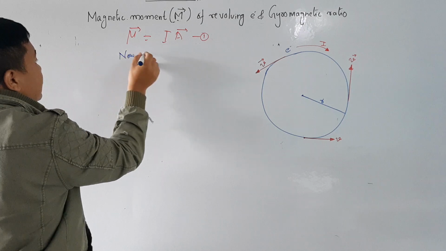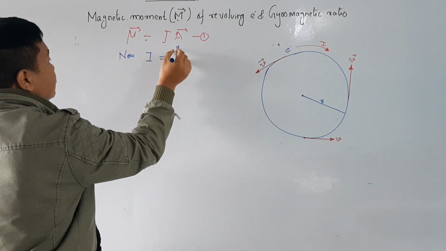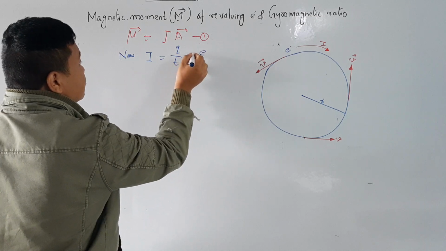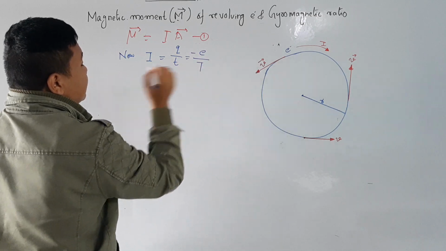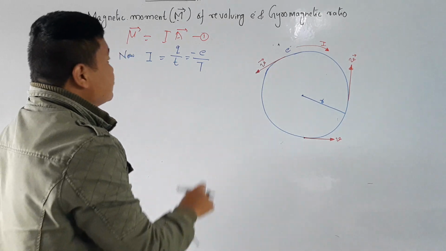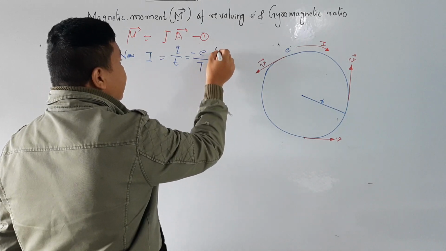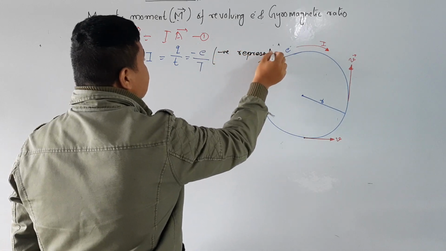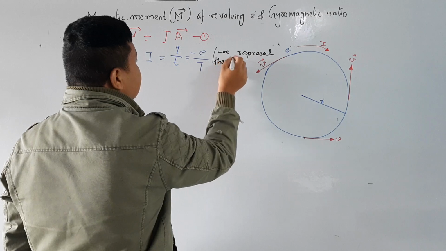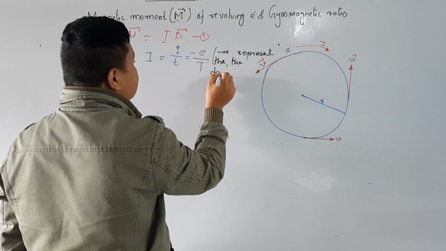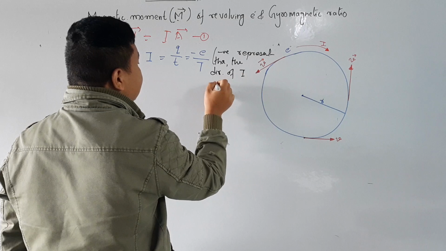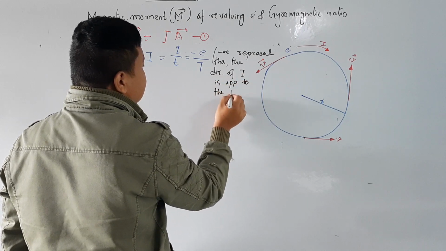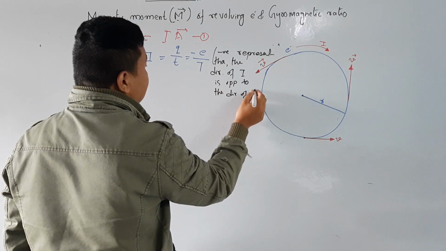Now let us find the current I, which is equal to Q by T, and in this case what is Q? That is my electron, that is with negative charge, divided by T. Okay, so here what is this negative sign? Negative represents that the direction of current is opposite to the direction of electron.